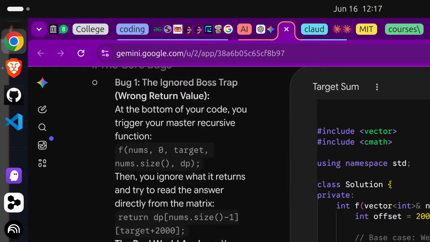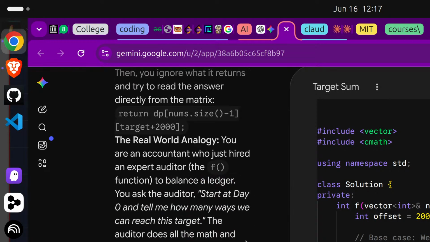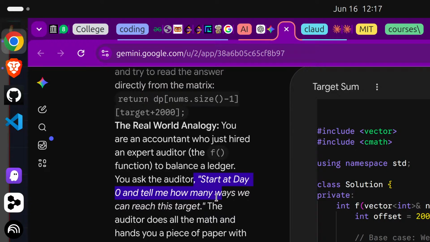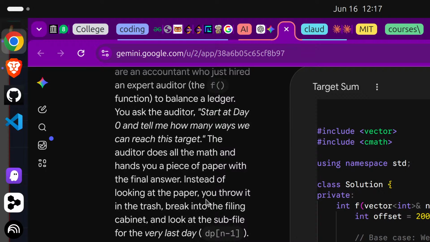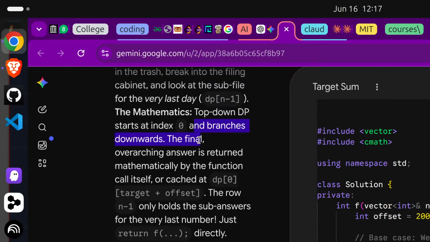The top down dp in the zero transition logic, the final variable function which called request dp0 holds the sub answer, and first number just return.